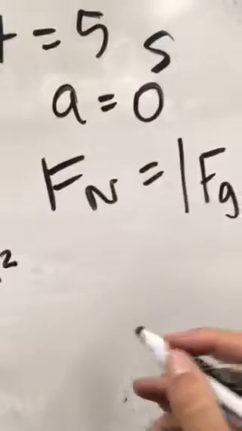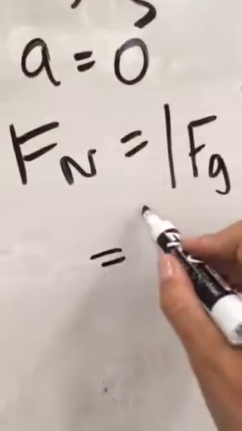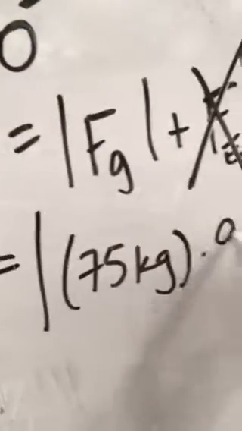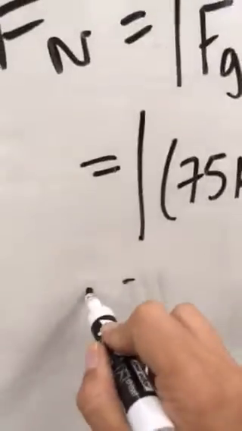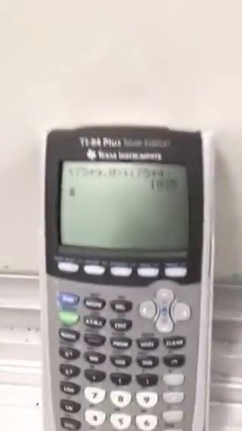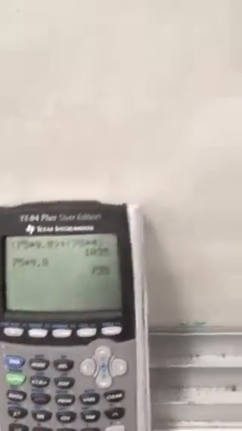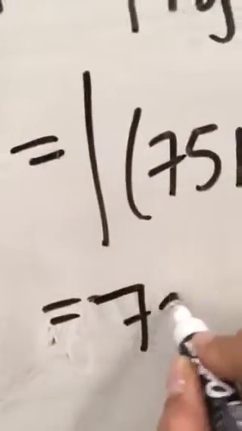If the acceleration of my elevator is 0, this whole term goes away. So I'm just finding the absolute value of my gravitational force. So that's 75 kilograms times 9.8 meters per second squared. And I get 735 newtons.